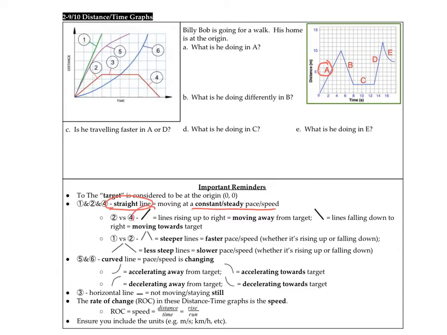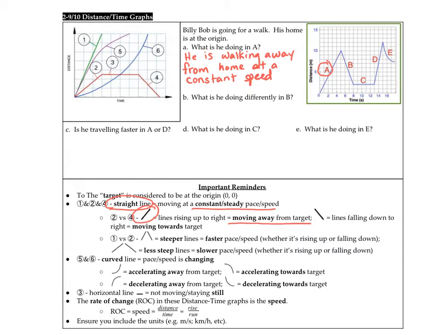And if the line is moving up, it means that he is moving away from the target. So in section A, he is walking away from the target, which is his home, at a constant speed.